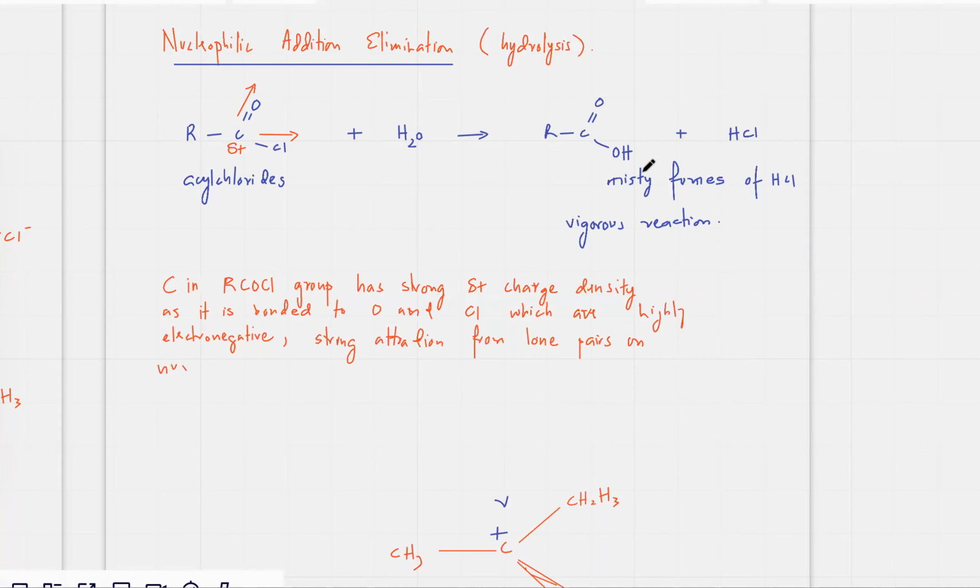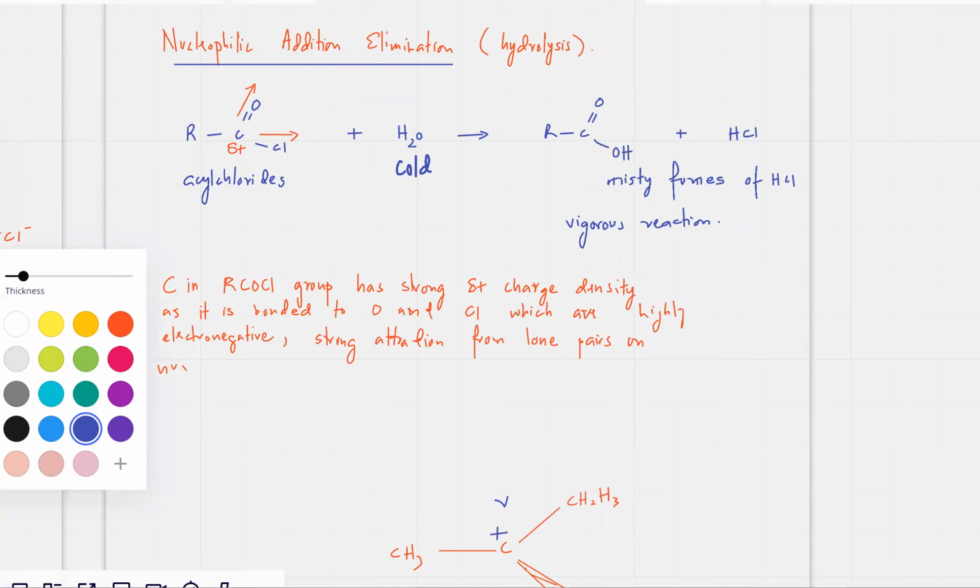It has a vigorous reaction with water. No special conditions are required. It even reacts with cold water, so the reaction is really fast. The C in our COCl group has a strong positive charge density as it is bonded to two highly electronegative elements. So there's a strong attraction from lone pairs, and this must be water, I think.